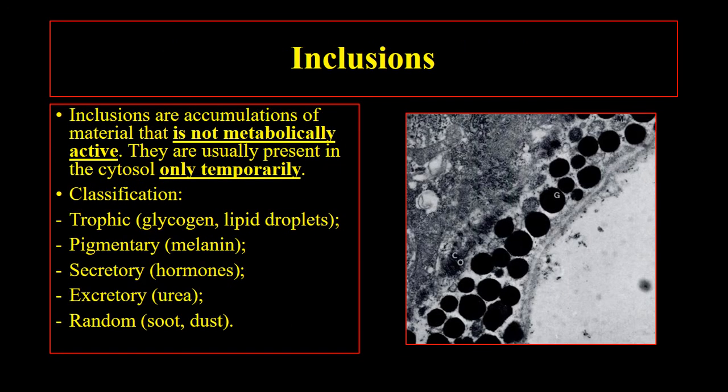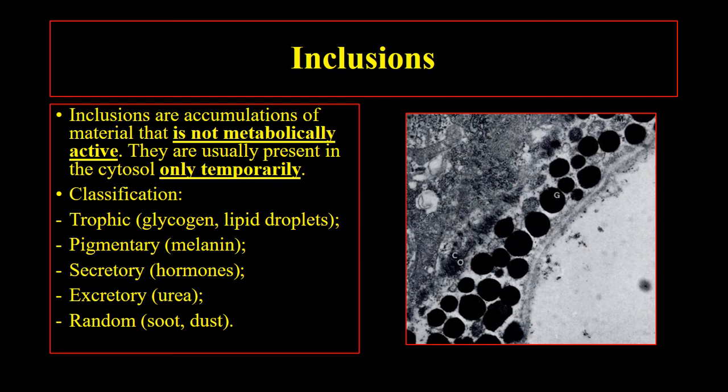And our last question in today's lecture is inclusions. With that, I remind you that the cytoplasmic apparatus includes cytoplasm, which we talked about, organelles or organoids, and the last part of the cytoplasmic apparatus is the inclusions. What does inclusion mean? Inclusions are accumulations of material that is not metabolically active.